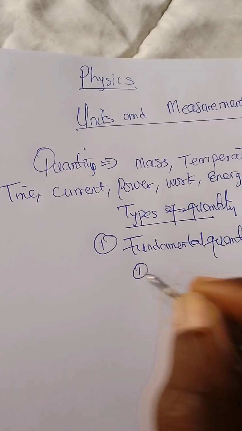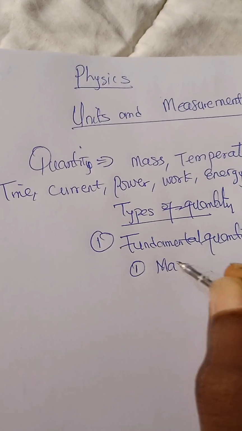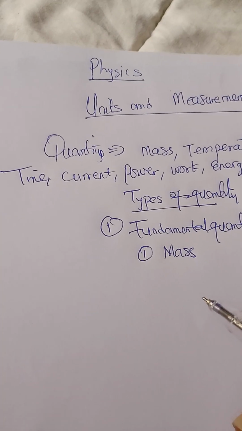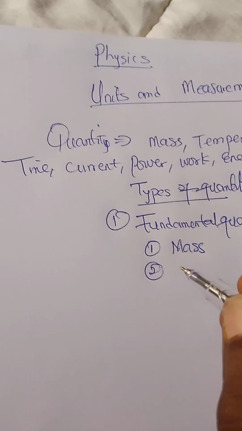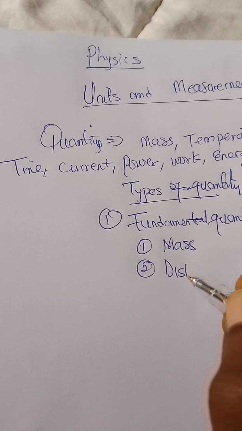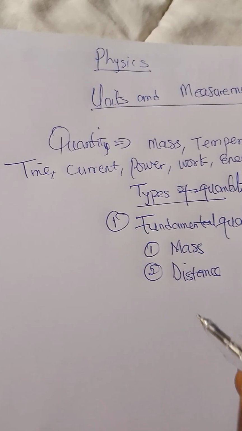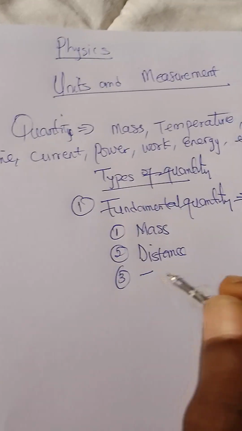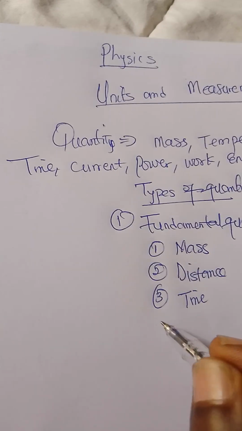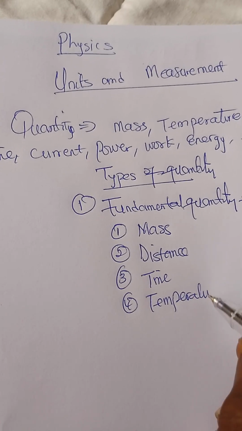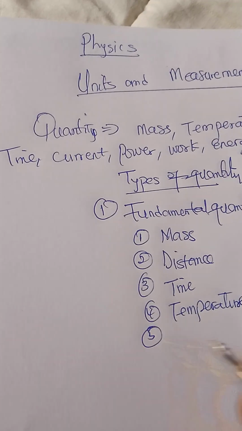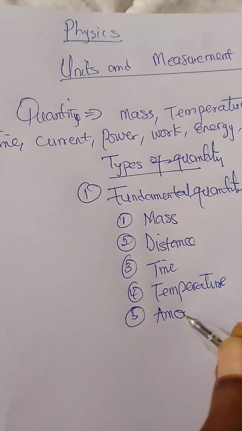The first is mass. Not really the first, but part of it. Mass is a fundamental quantity. We have distance. Distance is a fundamental quantity. We have time. Temperature. We have amount of substance.